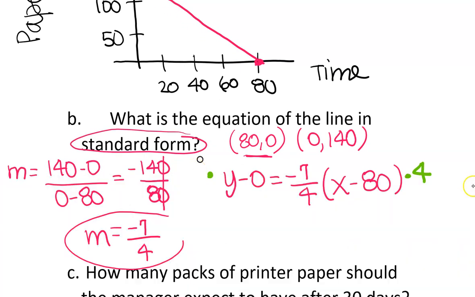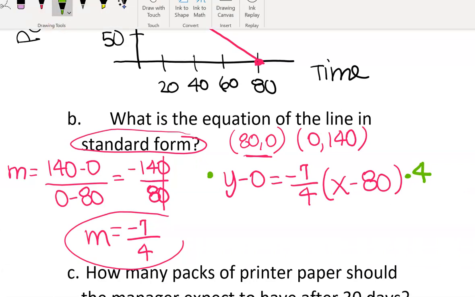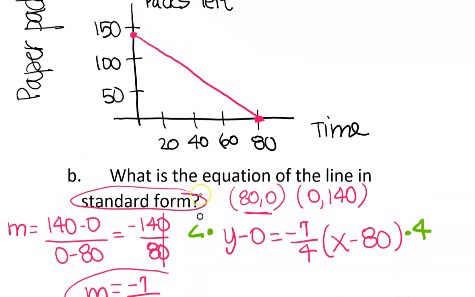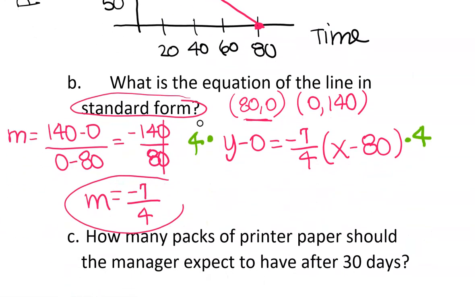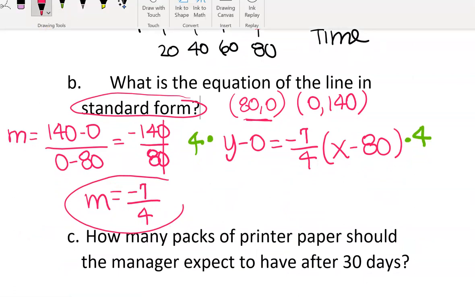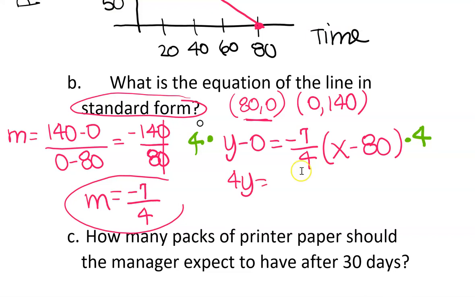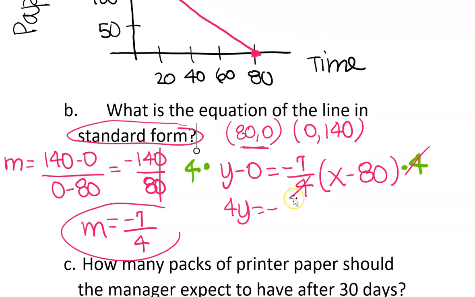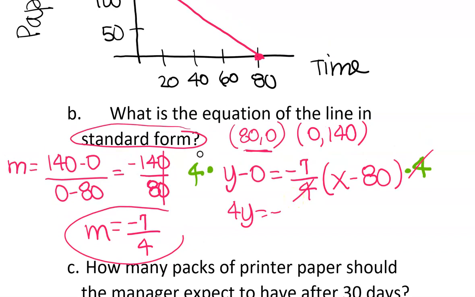Okay, something happened here. Just a second. Okay, there we go. So we get 4y on the left. This cancels that out, so we get negative 7x. I don't know why my pen's not working.